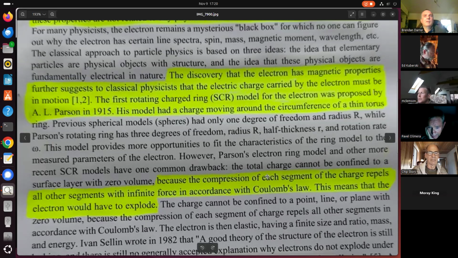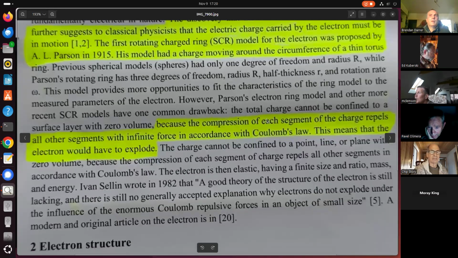Previous spherical models had only 1 degree of freedom, the radius r, while Parsons' rotating ring has 3 degrees of freedom: radius r, half thickness, small r, and rotation rate, omega. This model provides more opportunities to fit the characteristics of the ring model to the measured parameters of the electron.